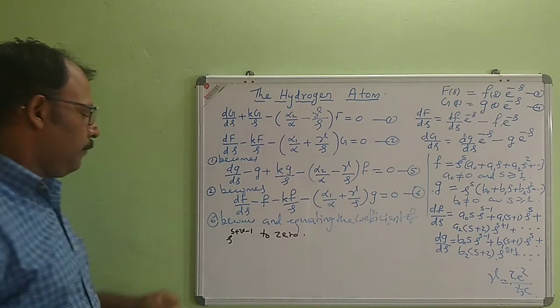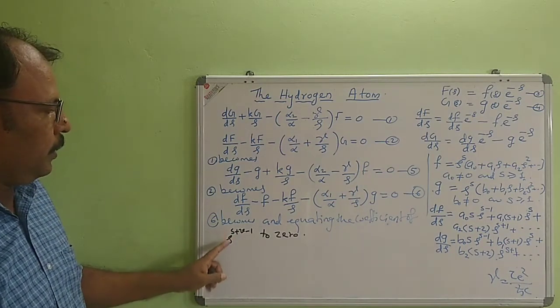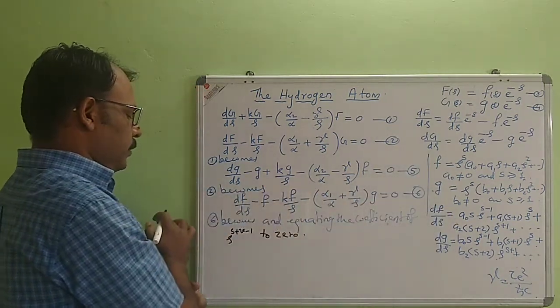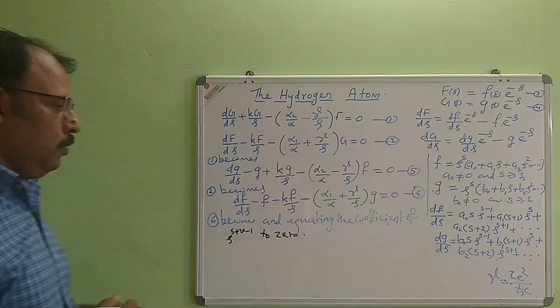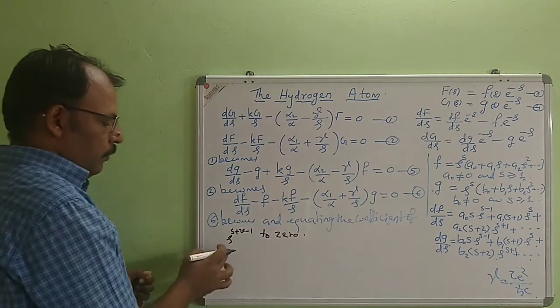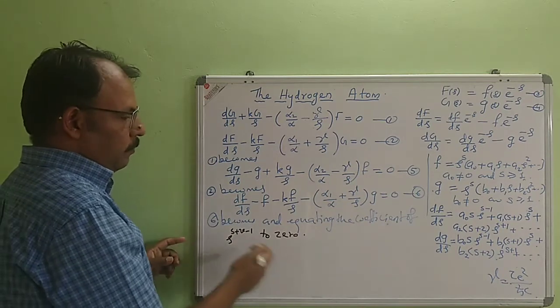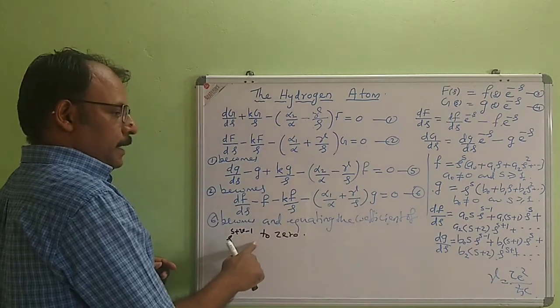We are substituting these values in this equation and equating the coefficient of rho raised to S plus v minus 1 to 0. S plus v minus 1 means that instead of 1, 2, 3, etc., we are giving v minus 1.